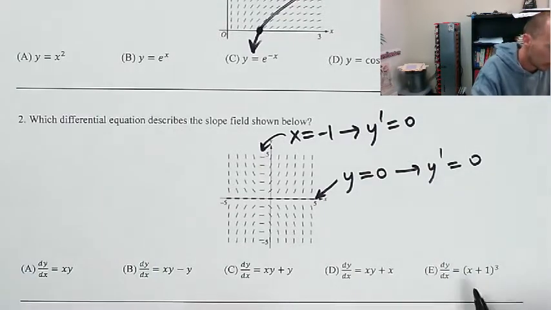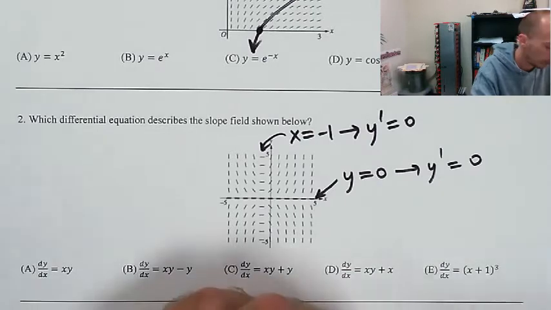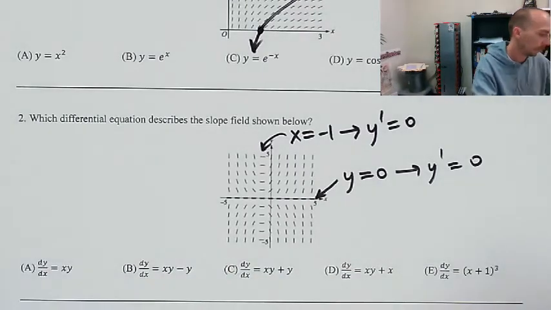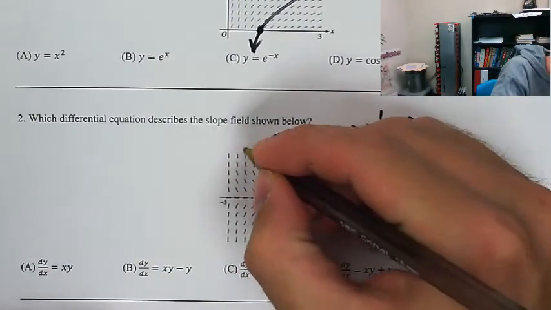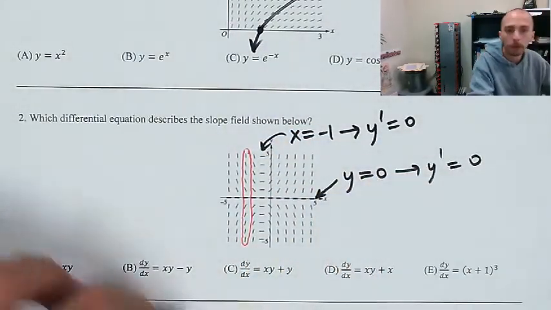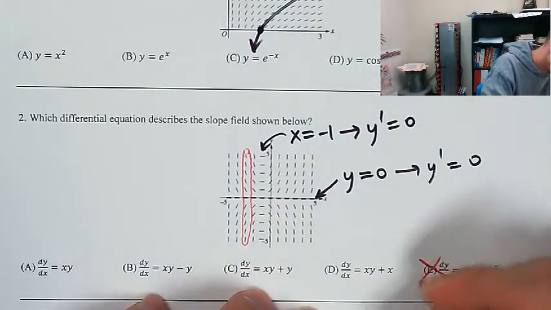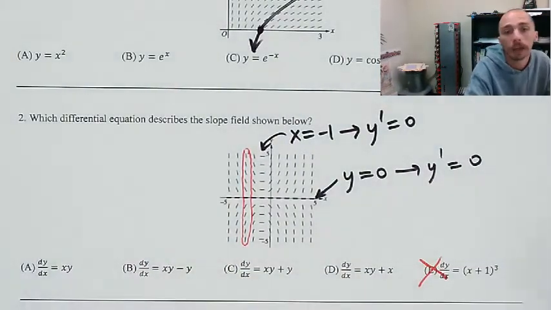So this does not depend on y, and you can see that as I go up and down on that column of slopes, I'm getting different slopes.